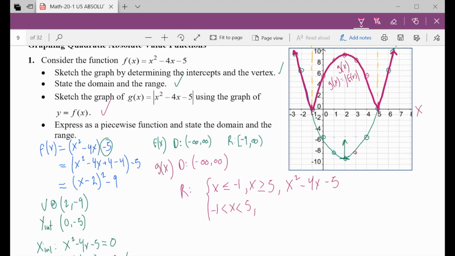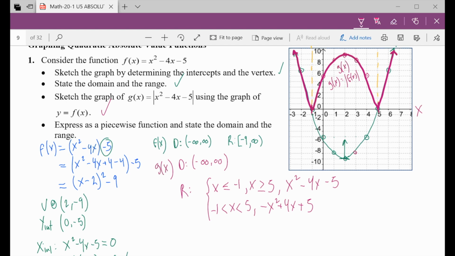For the interval between -1 and 5, what we're going to do is take the inverse, or the reciprocal, of x squared minus 4x minus 5. And that's going to be -x squared plus 4x plus 5.